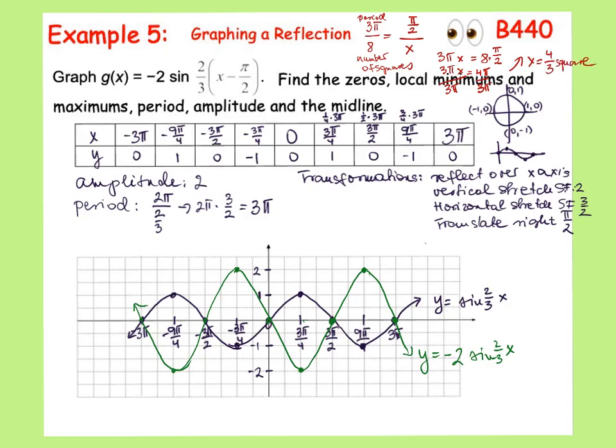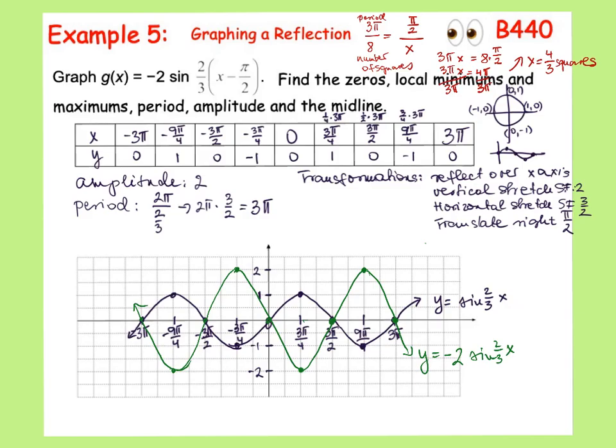So that means a pi over 2 is going to be 4/3 squares, so 1 1/3 squares. So that means I need to move my graph 1 1/3 squares.